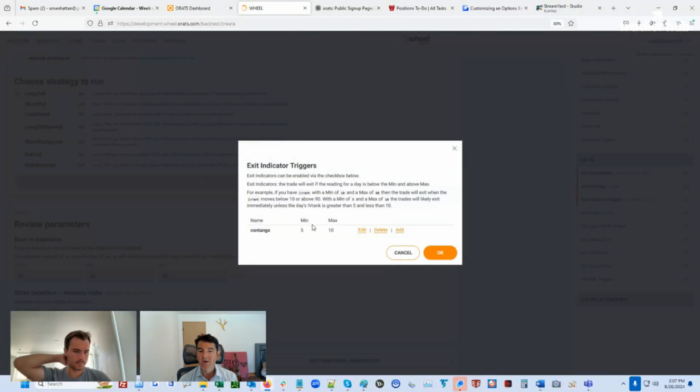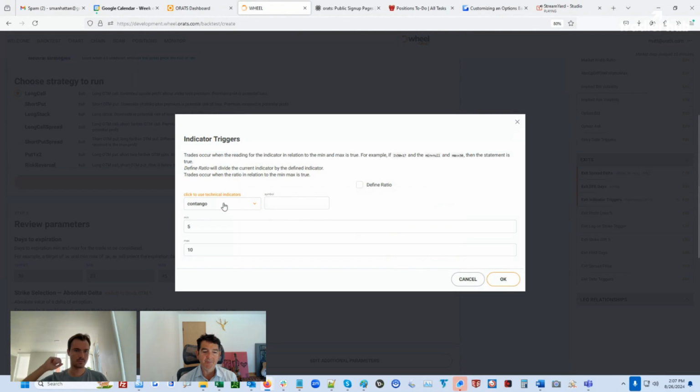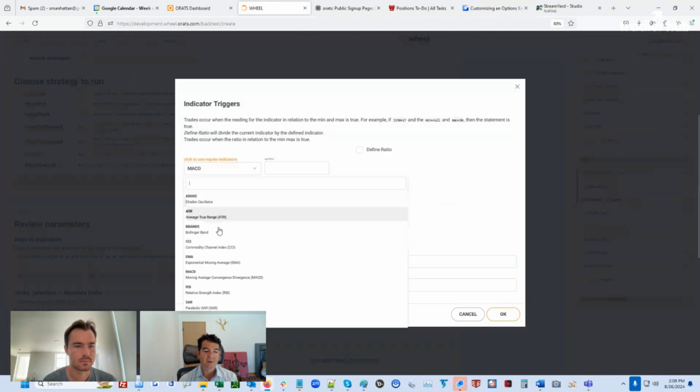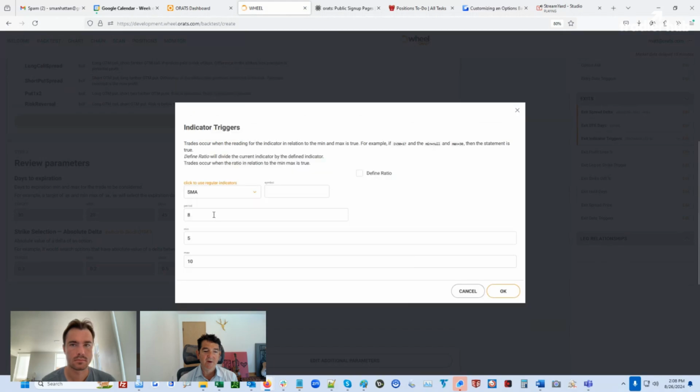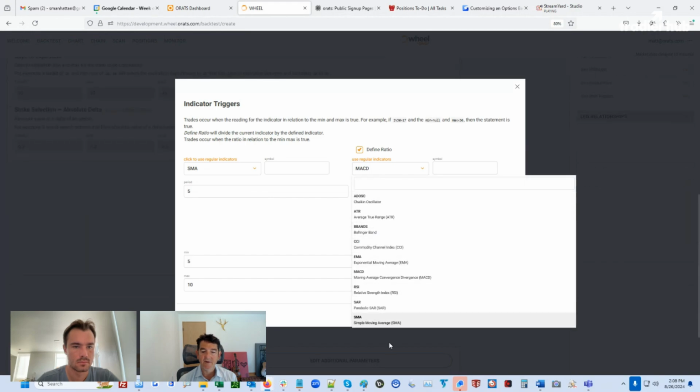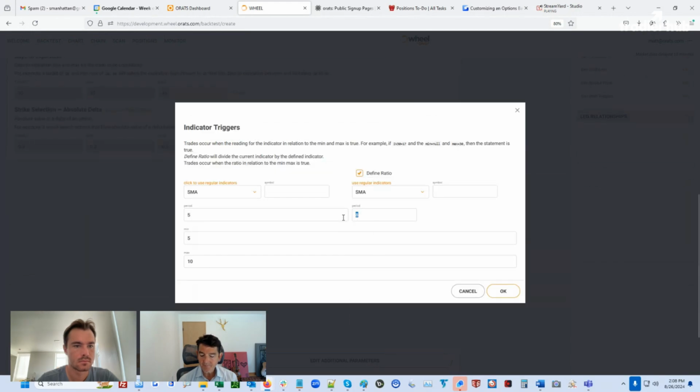So then you set up the same ratio, the simple moving average of the 5-day divided by the simple moving average of the 10-day, and then you put the same. You could put the same or a little bit less.